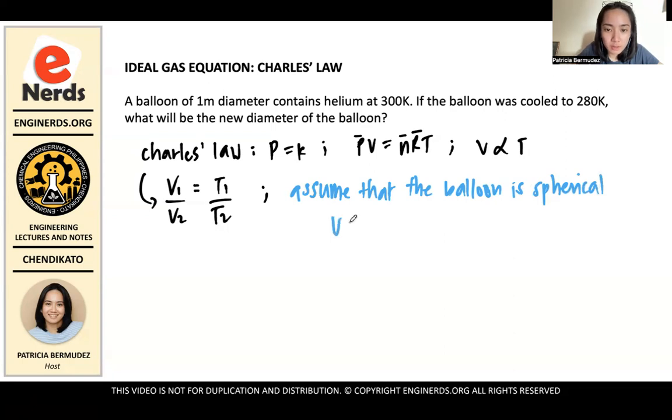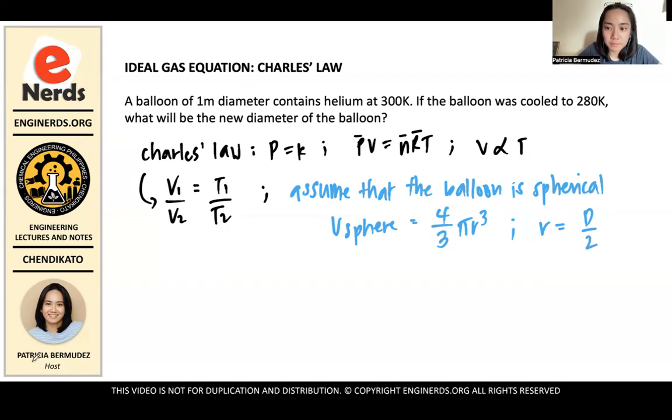And the volume for a sphere is 4 over 3 pi r cubed. But since the diameter is given in the problem, we're going to replace r with d over 2, where d is the diameter. Kasi diameter divided by 2 is the radius of any circle.